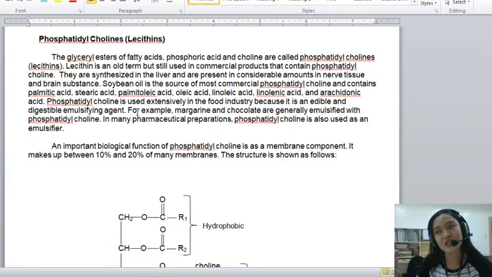So emulsifying agents make the mixing of two liquids possible. Emulsion is the colloid formed by combining two liquids that normally don't mix. When you mix two liquids that normally don't mix, you will form a colloid. I already explained what a colloid is, okay? So that is what you call emulsion.